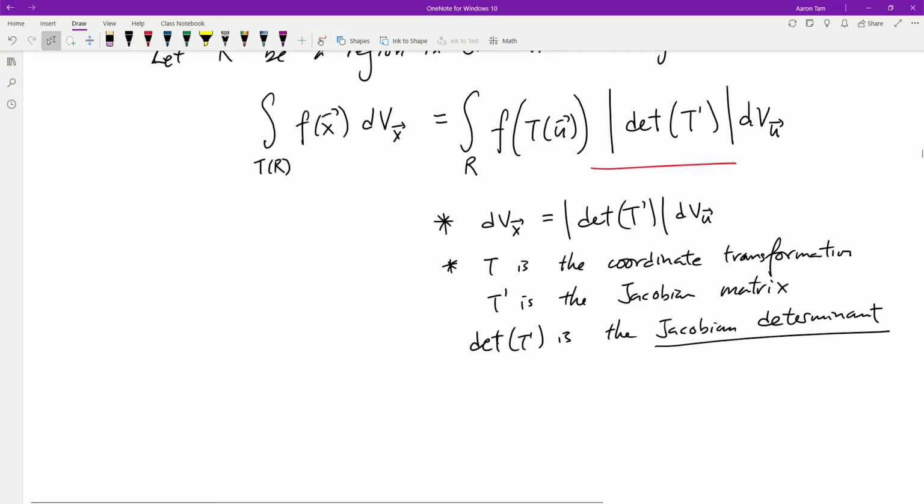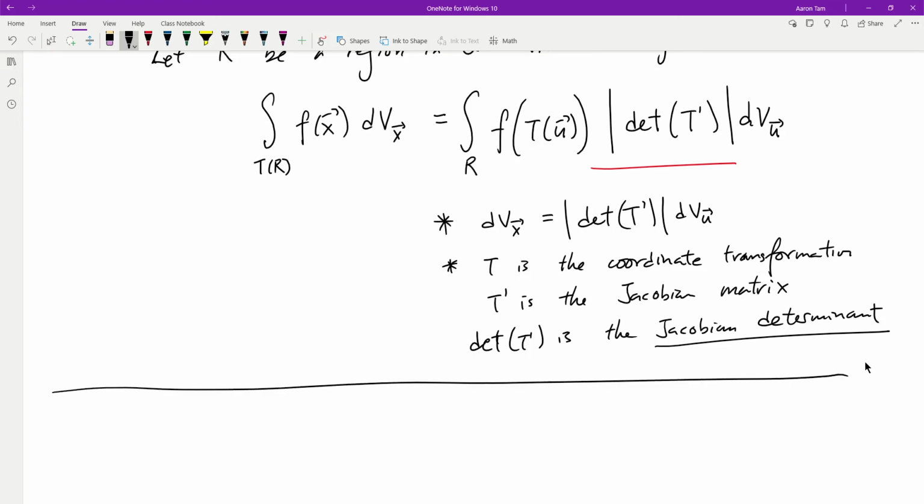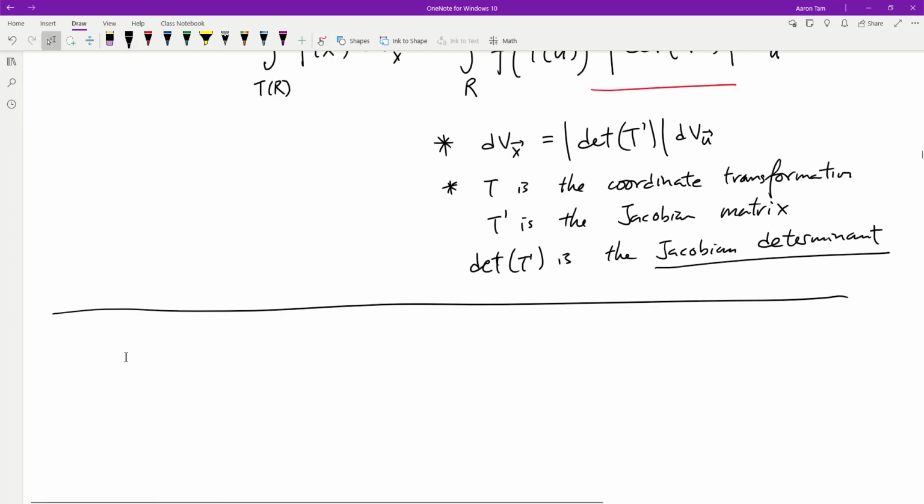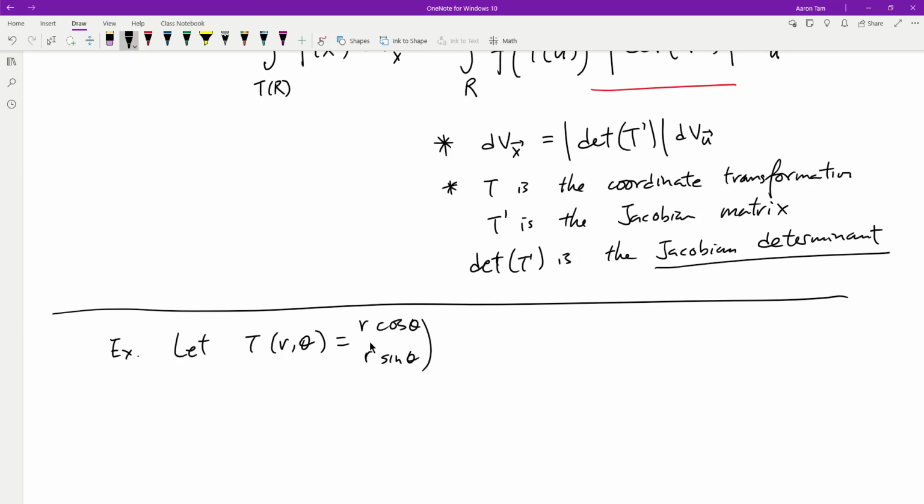Now, it might sound very confusing, but let me show you how that relates to the polar coordinate and the spherical coordinate system and things like that. So here's a very simple example. Let's say we let T of r theta equal r cosine theta, r sine theta, which is equal to xy, be the polar coordinate transformation.